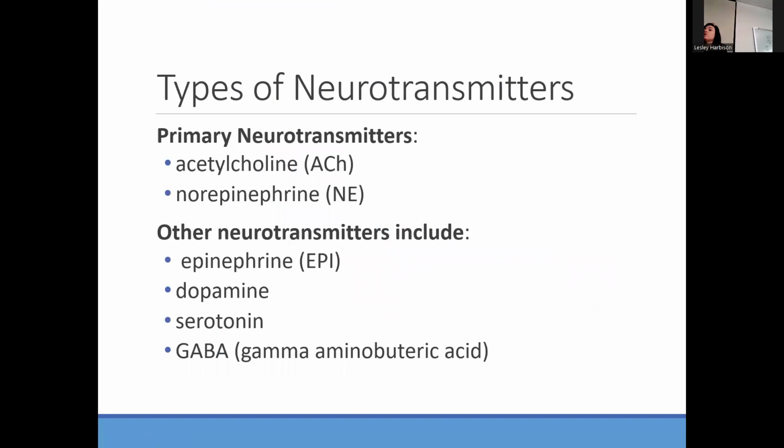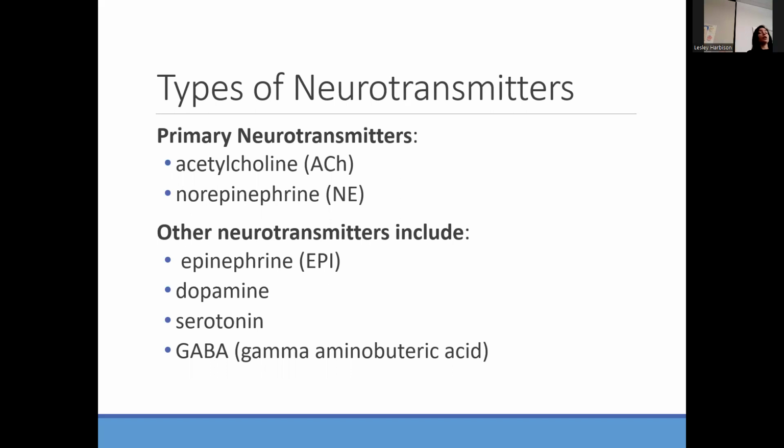Okay, so the types of neurotransmitters. For this PowerPoint and for a lot of medications, mostly we're just going to talk about acetylcholine or ACH, or norepinephrine, NE. Those are the main ones that we're going to talk about for the alpha beta receptors.